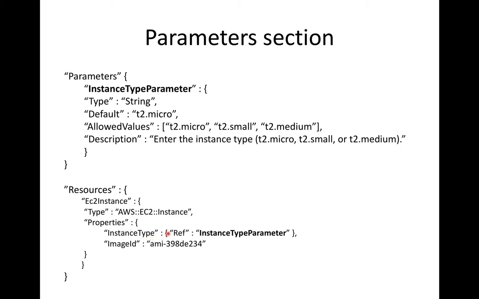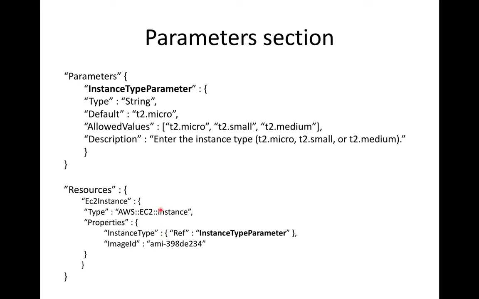In this instance type, for the value, we are referencing, that's what this ref function does. So we're referencing this parameter, referring to the parameter by its logical name. This reference function will replace everything here in the curly brackets with the actual value of this parameter within the template.